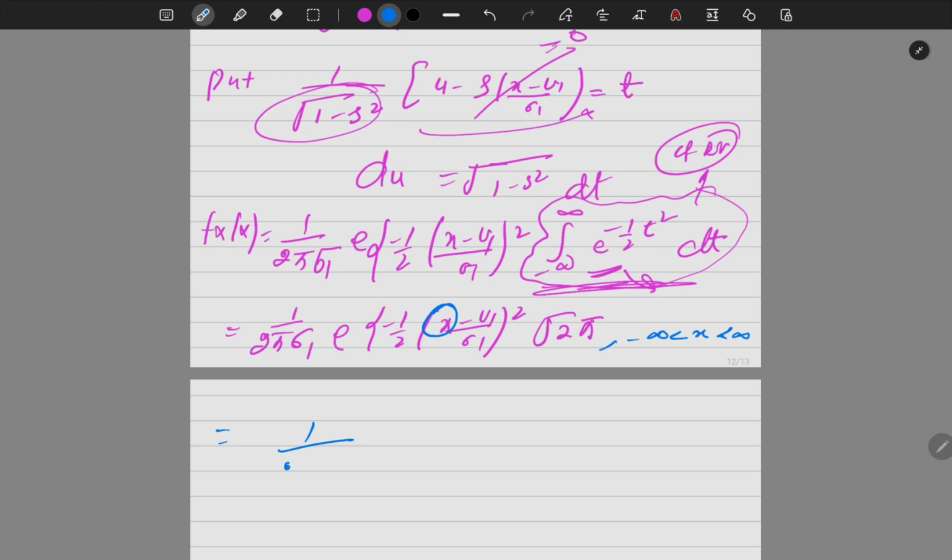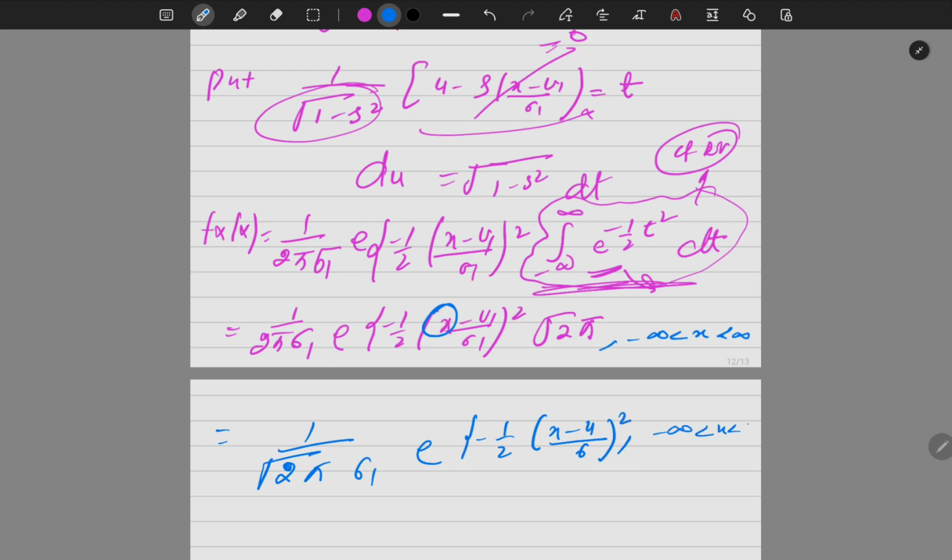So this becomes 1 upon under root 2 pi sigma 1, e raised power minus 1 by 2 ((x minus mu) upon sigma) whole square.